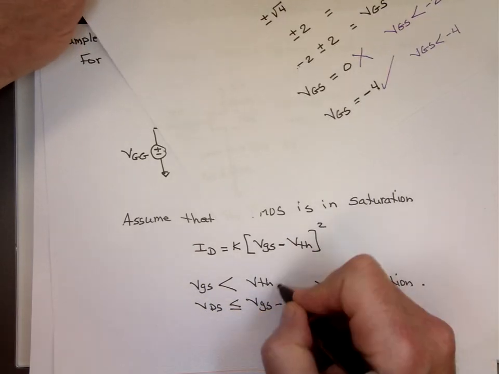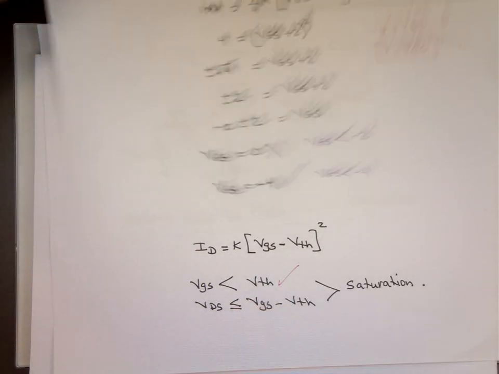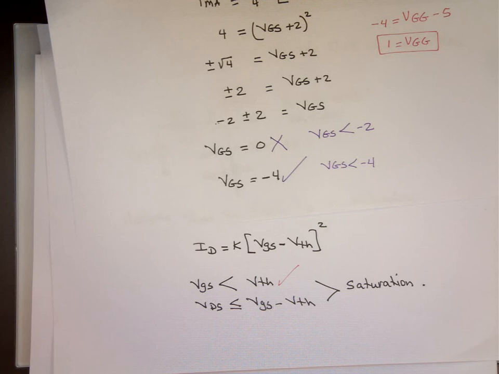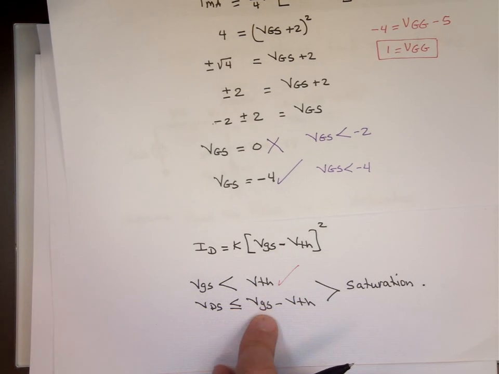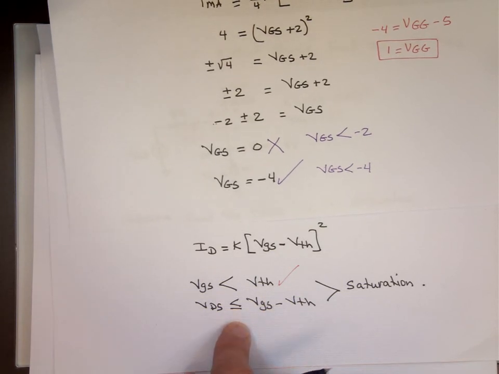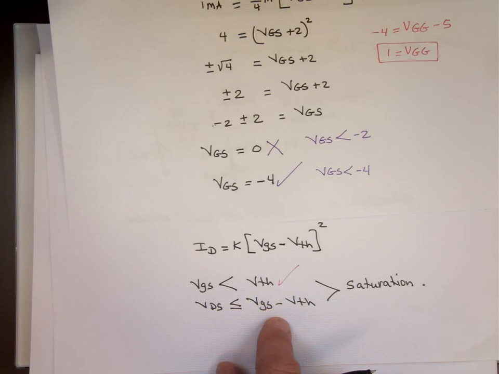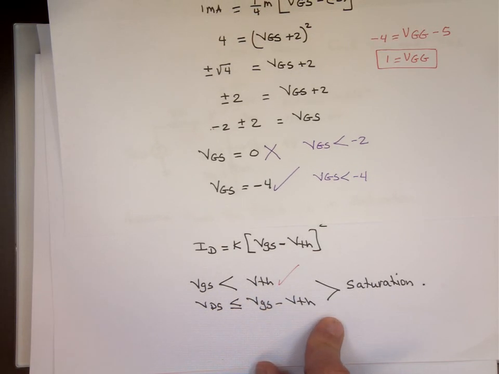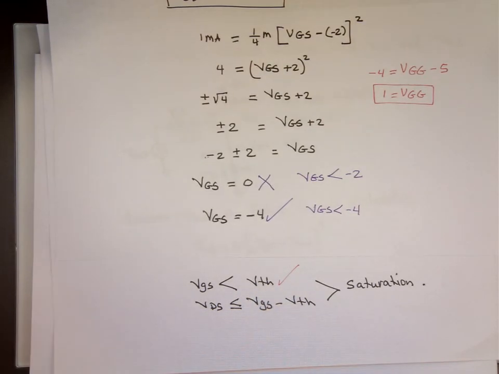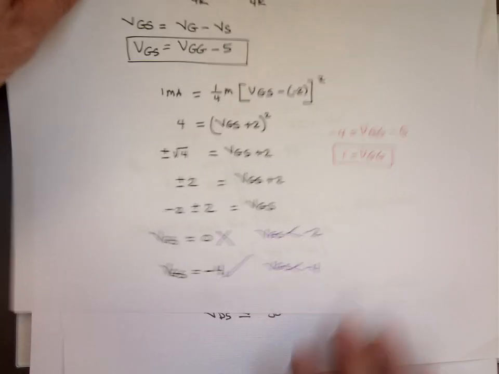Remember, I only satisfied one condition, that VGS is less than V threshold. The second condition I have to satisfy is this one: is VDS less than or equal to VGS minus V threshold? If the answer is yes, I'm done with the problem. I found everything about the problem. So let's check that.